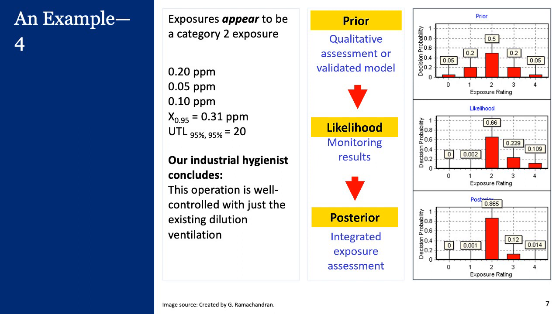So you'll see 3 additional things on this slide on the right-hand side. Each of the charts, in industrial hygiene terminology, we call them the qualitative assessment, monitoring results, and integrated exposure assessment. However, Bayesian statisticians call these the prior probability distribution, the likelihood, and the posterior probability distribution. So these are Bayesian terms for what these charts represent.